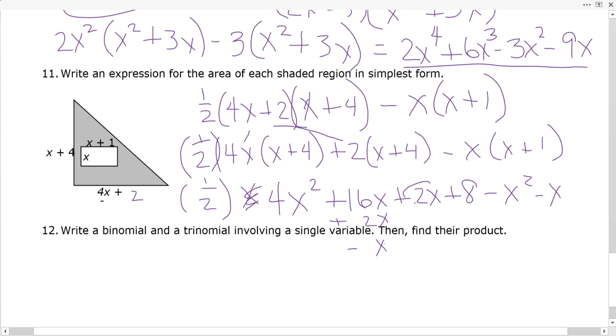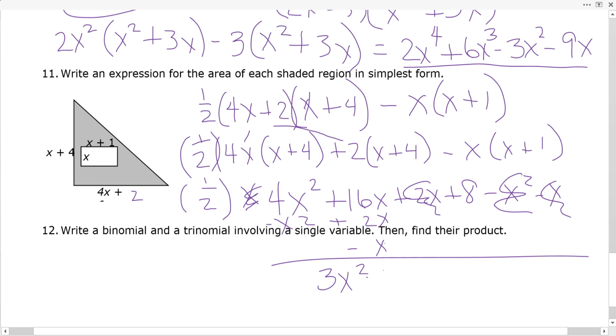I did that one and I did that one. Oh, so I do minus x squared here. That's that one. So when I'm done, I have 3x squared plus 17x plus 8.